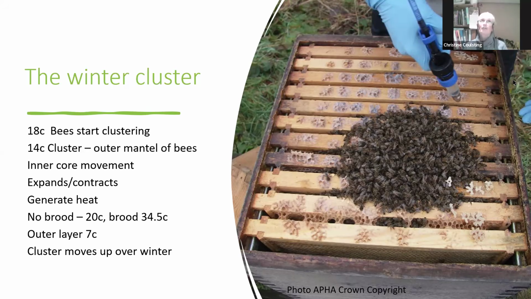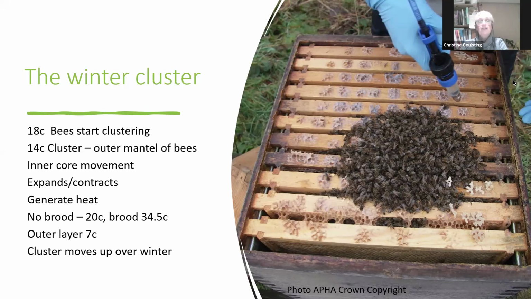If you've ever looked inside the thorax, there are two big pairs of flight muscles, and they generate some heat. When there is no brood, they will keep the center of the cluster at 20 degrees centigrade, and if there's brood present, about 34-35 degrees.